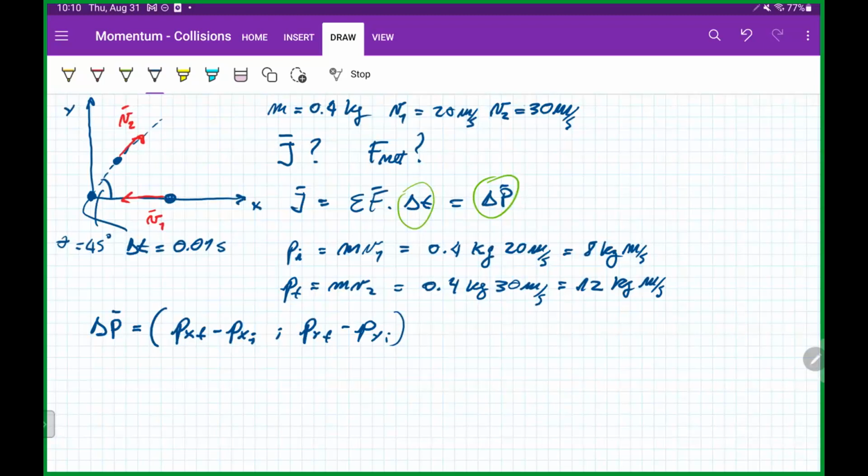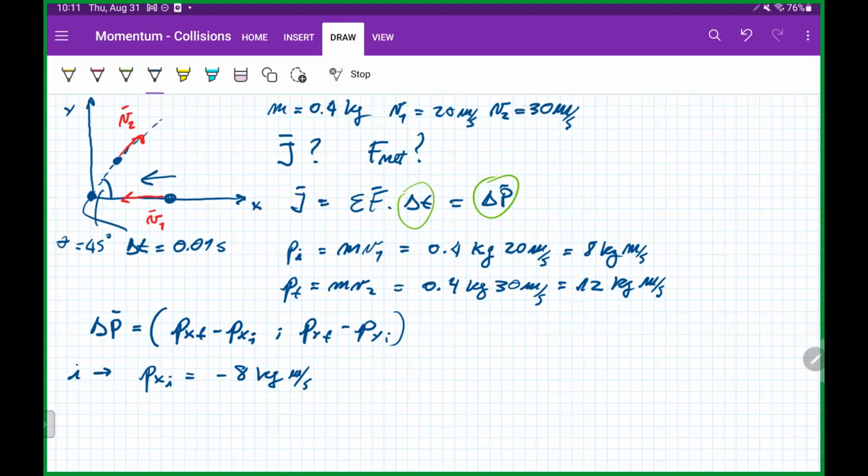So for the initial portion, for I, this is pxi, it's equal to minus 8 kilograms meters per second. Why? Because we see that this thing is going to the left and our positive axis is pointing to the right.